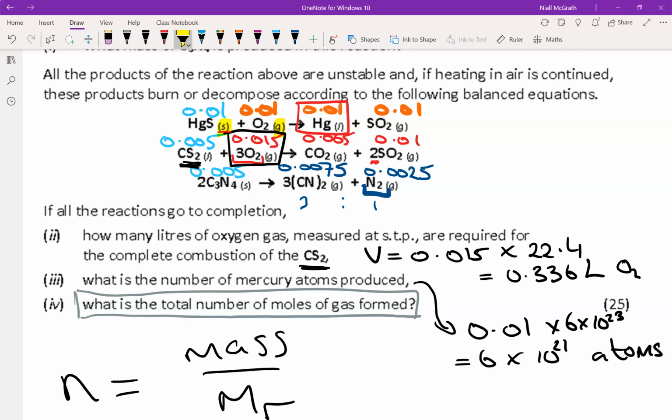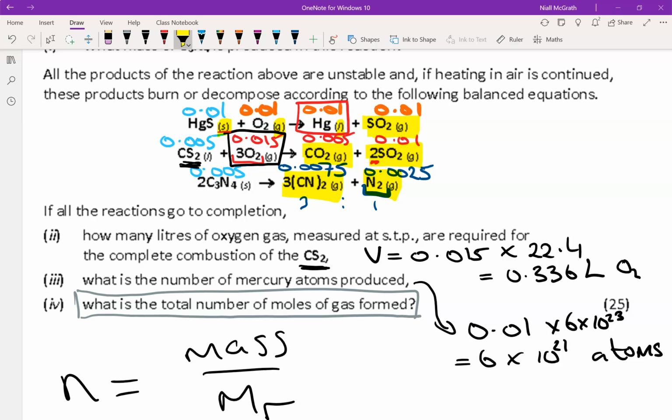O2 has a G after it, it's a gas. Hg there is a liquid. So we're looking for our gaseous products. So we're going to be including the number of moles of sulfur dioxide, 0.01, carbon dioxide, because there's a G after that as well. This sulfur dioxide, right, our nitrogen gas, and our CN2 as well.